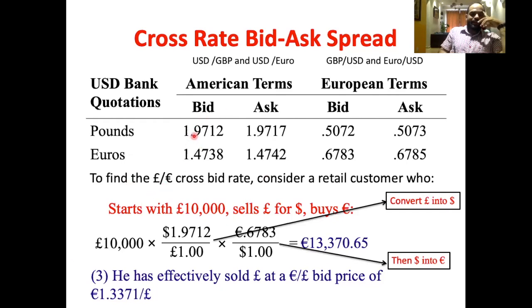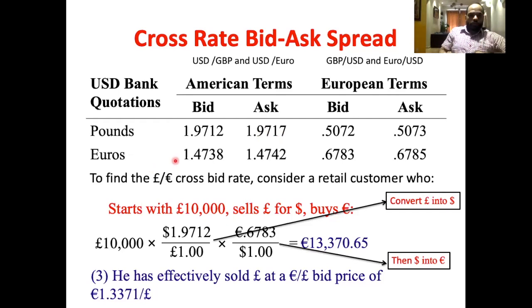One USD equals 1.97 pounds if you buy. And if you sell, it's 1.7. I guess the short figure, small figure and big figure. As we learned previously, the big figure is the same, but small figures indicate the bid and ask spread.